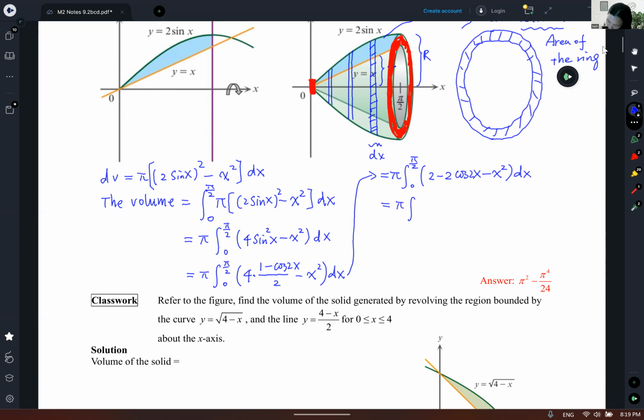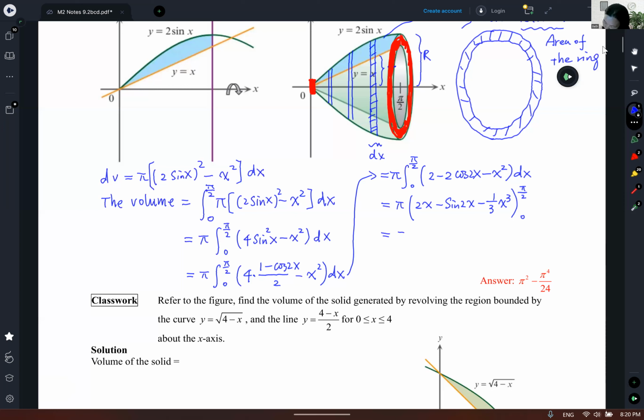And then you will get the integral, which is 2x minus sine 2x minus 1 over 3 x cubed, with the value from 0 to pi over 2. I want to make this very clear. It's correct, 2 minus 2 cosine 2x.